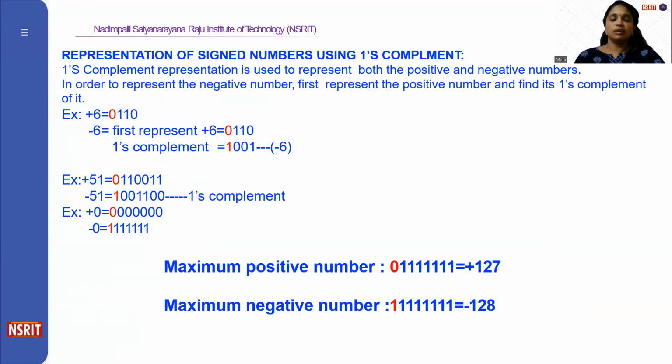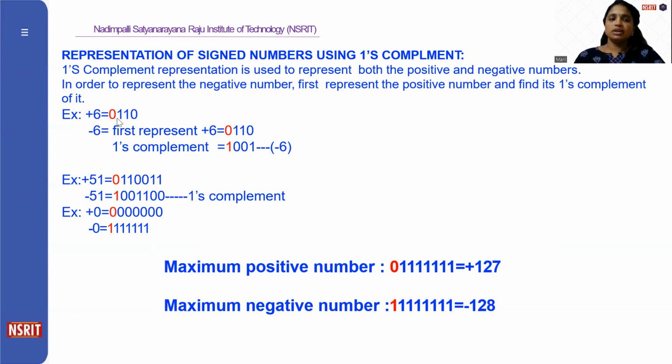As in sign magnitude form, we can represent a positive number in ones complement also. So plus 6. What is the binary value of 6? 1, 1, 0. So we have to add a sign bit after this MSB. In the previous one, we took an 8-bit number, that's the reason we added zeros.